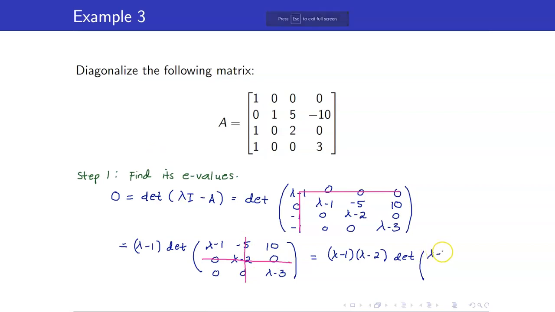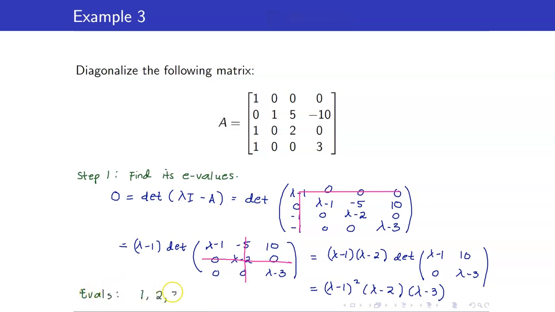You get lambda minus 1, 1, 0, 0, lambda minus 3. And therefore, this is just lambda minus 1 times lambda minus 3. So this is equal to lambda minus 1 squared, lambda minus 2 times lambda minus 3. Its eigenvalues are 1, 2, and 3.